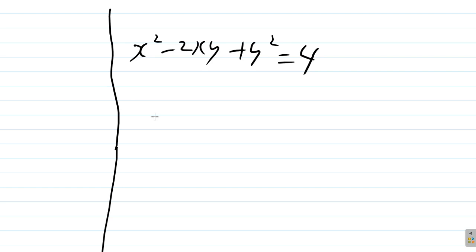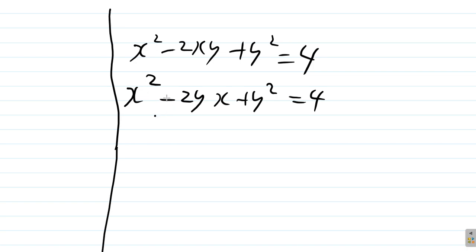Let's consider it as a quadratic expression in x. So you have x squared minus 2y times x plus y squared equals 4.